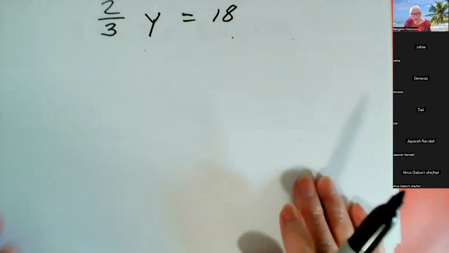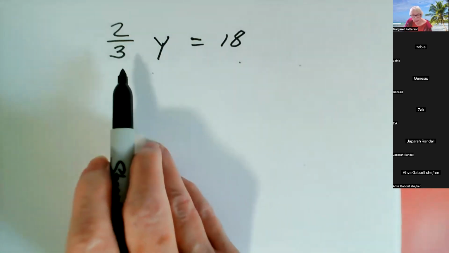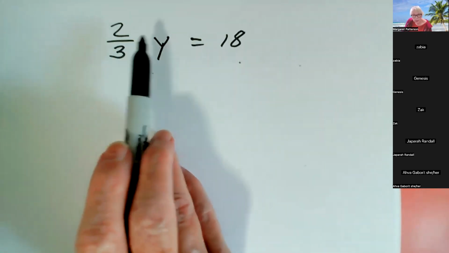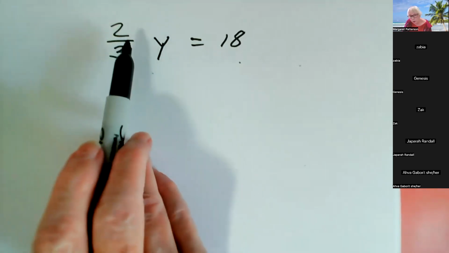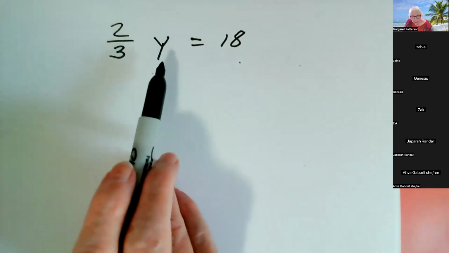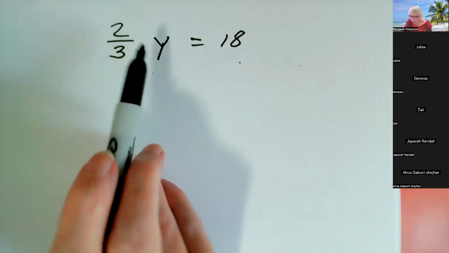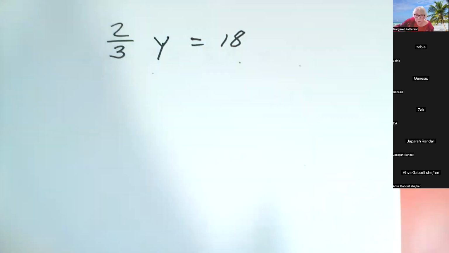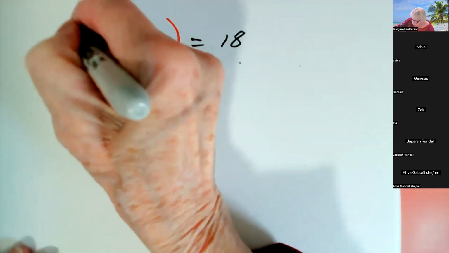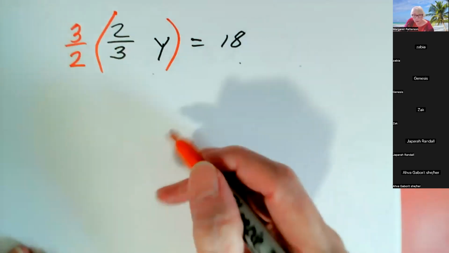Now I want to remind you of this. This one, typically when a number is multiplied to y, what you want to do is divide. But with a fraction multiplied to that, the simplest road is to multiply by the reciprocal.